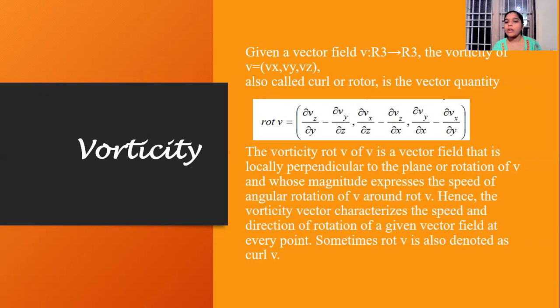The vorticity, rot of V, is a vector field that is locally perpendicular to the plane of rotation of V and whose magnitude expresses the speed of the angular rotation of V around rot V. Hence, the vorticity vector characterizes the speed and direction of the rotation of a given vector at every point. Sometimes rot V is also denoted as curl V.